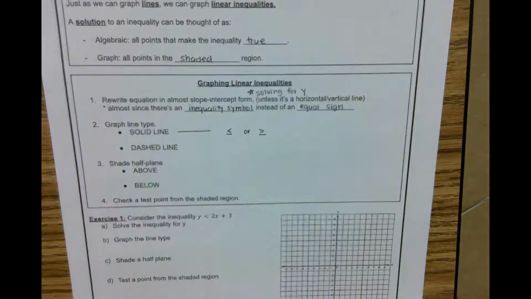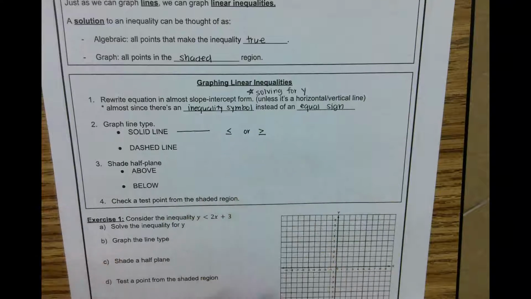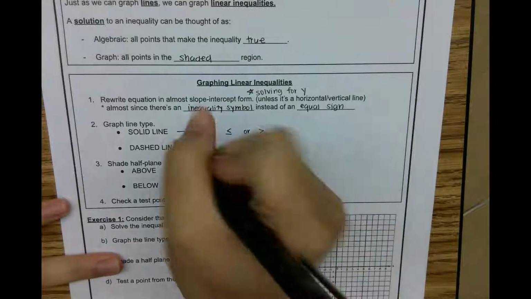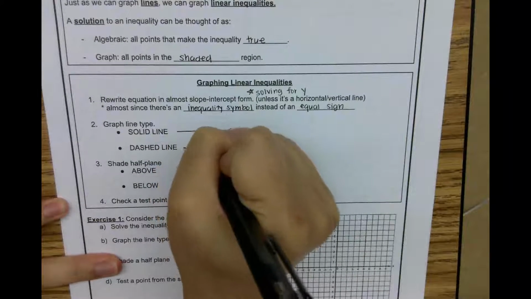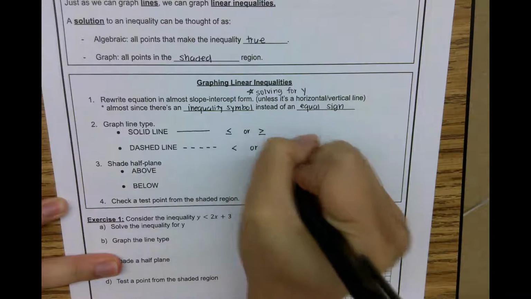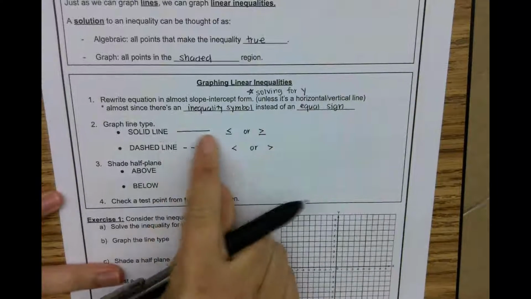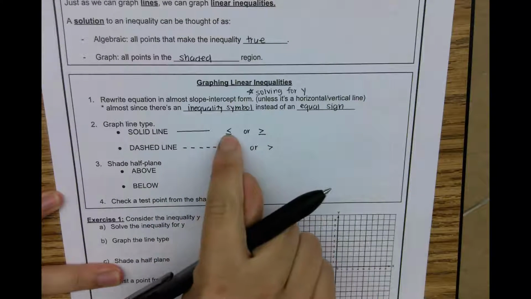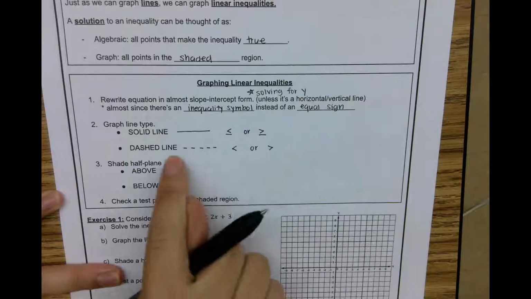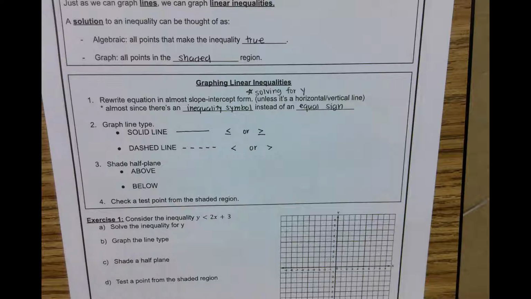The reason why is because the solid line means that it's included, similar to our closed circle. It's going to be a dashed line if you see a less than or a greater than, kind of like our open circle. So the solid line means that the line is included, it's equal to. The dashed line means that those points on that line are not included.